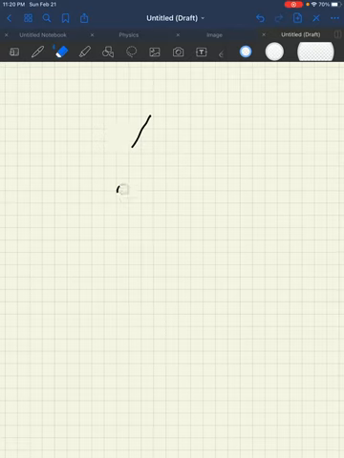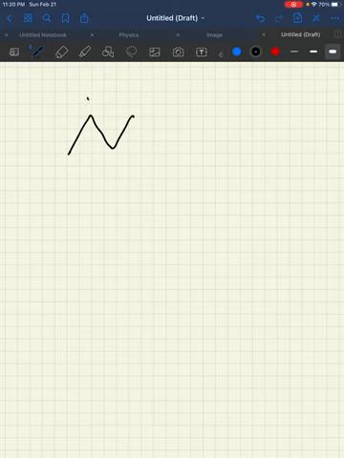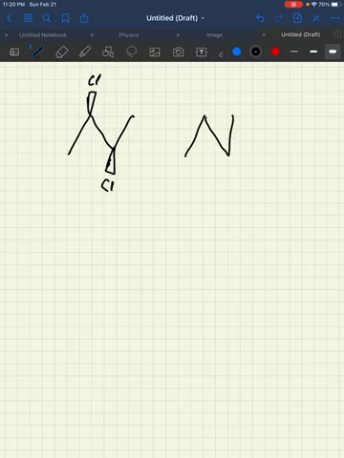But let's now draw out all of our stereoisomers for this. So this is our original. We'll start them both off with those wedges, and we'll just change one thing on each of these. Just change one thing at a time until we have all four.